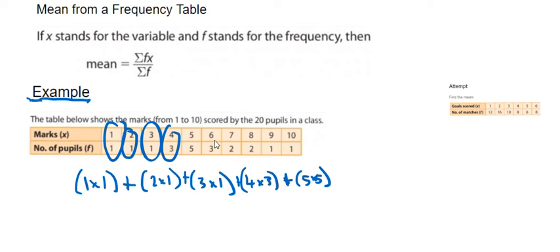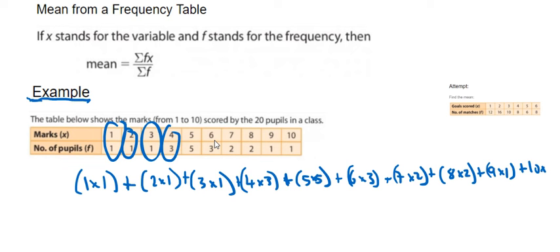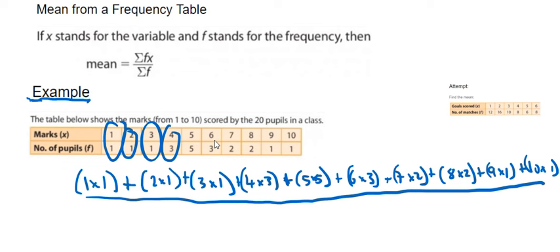What we're calculating on top is the total marks that were given out. When we multiply each of those and then add them all up, it'll give us the total amount of marks that were given out.